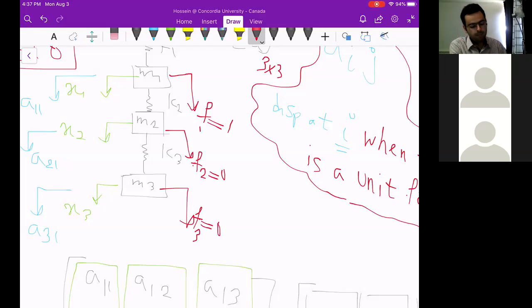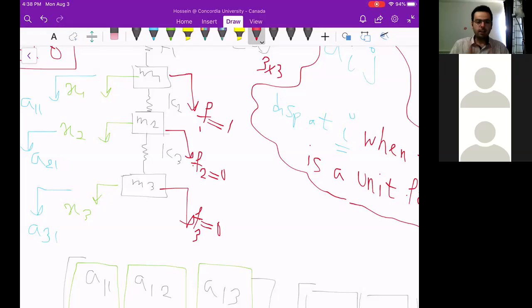We have only one external force at mass 1. For example, for A31, we're looking for the displacement of mass 3 if we apply a unit force at mass 1, right? Right.